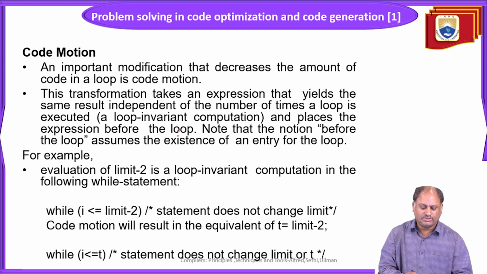Another example is related to code motion. We know that whenever important code is modified inside the loop, the result several times may be independent of the previous statements. That means while performing this, statements inside the loop are sometimes kept outside, but whether it is affected or not is to be identified.